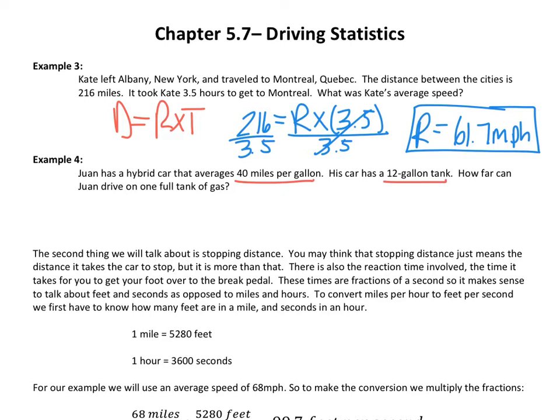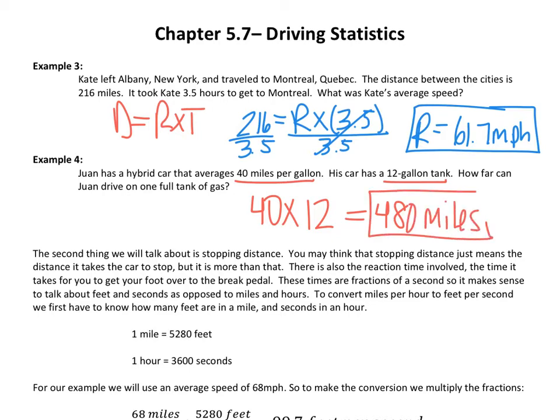You just multiply the two, so 40 times 12, and that is 480 miles. That means on a car that gets 40 miles per gallon, on a 12-gallon tank, you're going to be able to get 480 miles on a tank of gas.